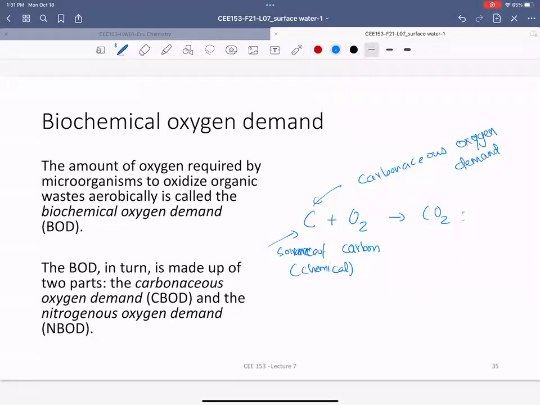But sometimes you may also have nitrogen. If you think of protein, they're made of nitrogen and carbon, so that nitrogen is also digested.